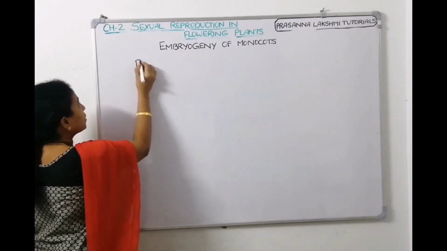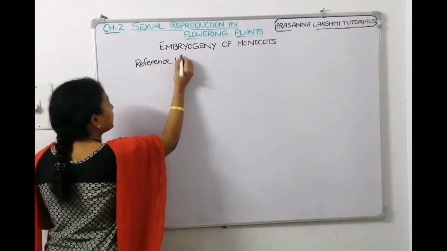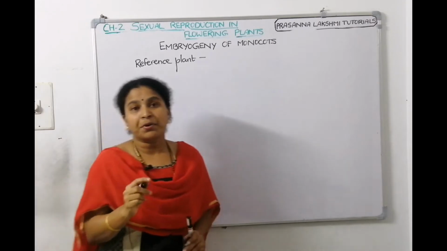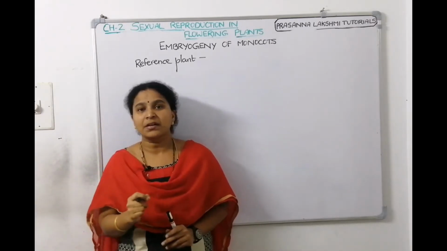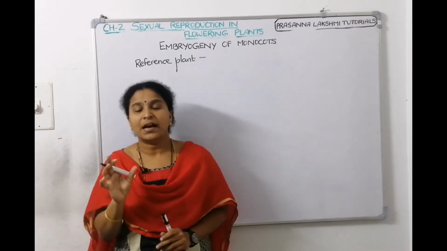So, which plant should we take as a reference plant to study monocot embryo? While we were studying dicot embryo, we took Capsella bursa-pastoris, shepherd's purse, as a reference plant. Here we are going to take grass or wheat as a reference plant.